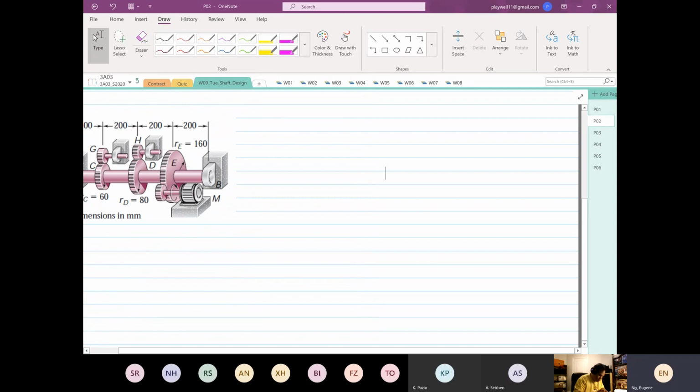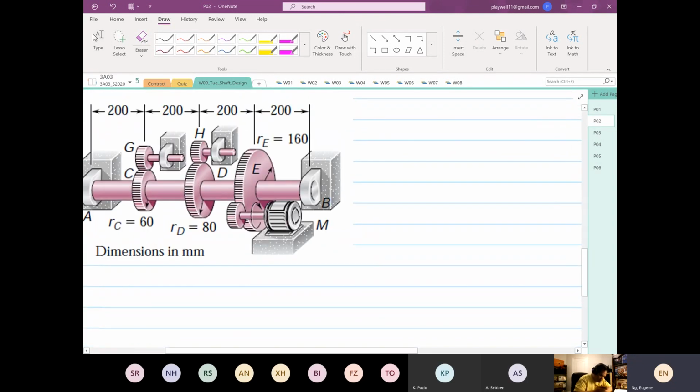Okay. So as you can see over here, the motor is rotating.